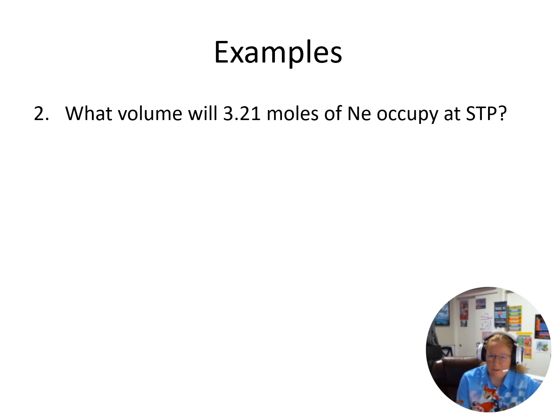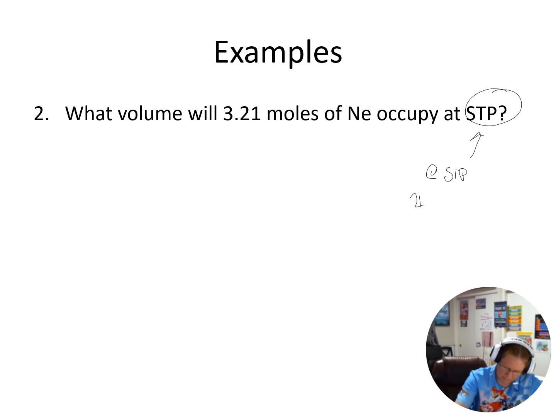What volume will 3.21 moles of neon occupy at STP? Now, we could solve PV equals nRT. That's totally valid. But remember our molar volume, because we're at STP. We have our 22.414 liters per mole. So what if I did this?